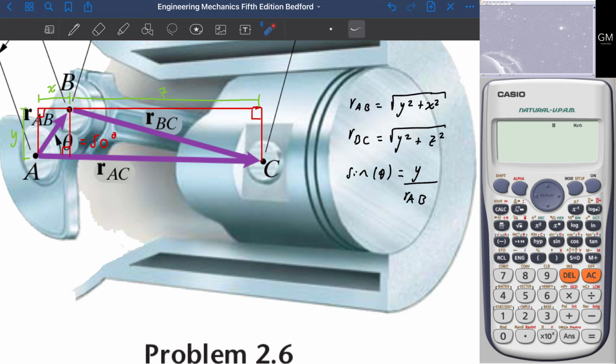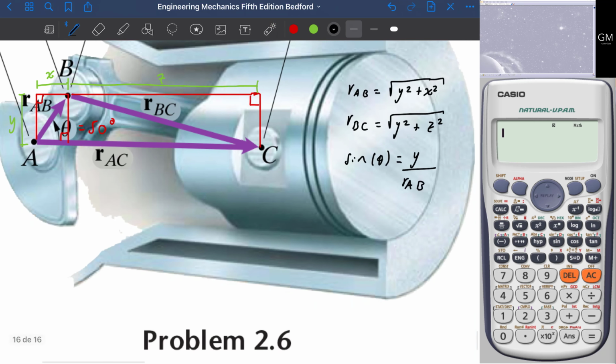Then I'm going to be able to find c, and then I'm going to use one last equation for me to find x. So cosine of theta is equal to x divided by RAB.